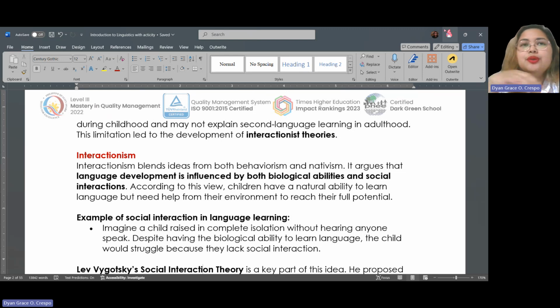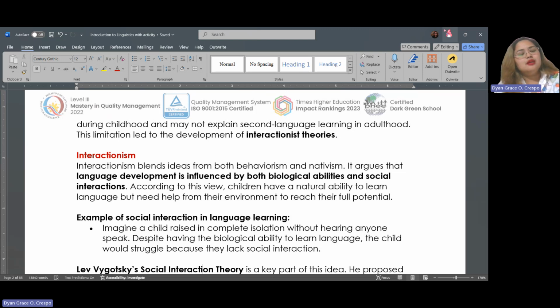Now, the child has the innate ability. This child could easily learn the language because he's a human being. But the problem is the parents are MIA, missing in action. They're very busy with their work, with their business, and there's no interaction. Yes, they need to see behavior, and they are capable, but there's no interaction. Imagine if you raise two different kids. One, you raise in isolation, as in this kid doesn't talk to anyone.